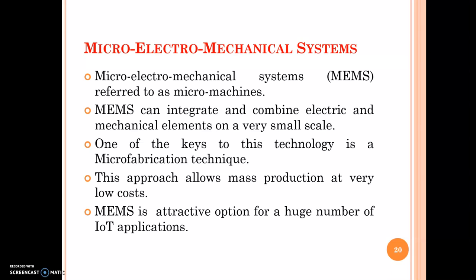Microscale sensors and actuators are easily embedded in everyday objects, which is a defining characteristic of the IoT. This makes IoT significantly reduce its own cost, and that is what is to be expected for the IoT.